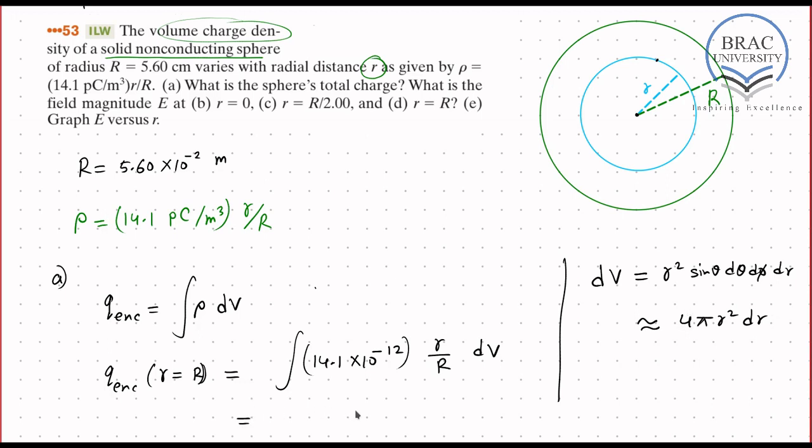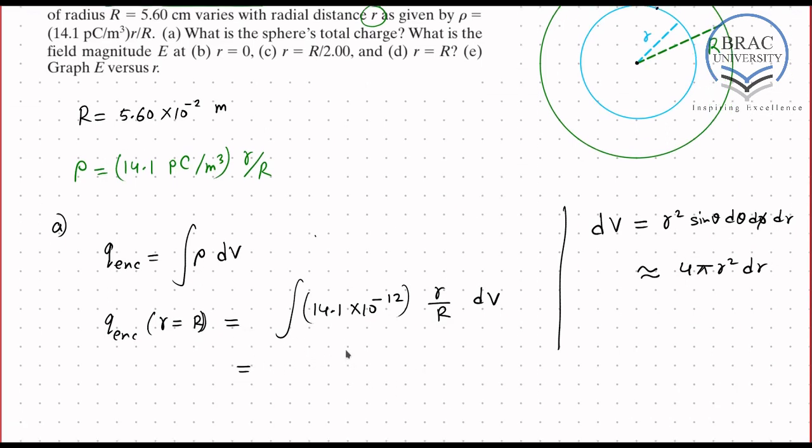So if we use that here, 4 pi is a constant. We have 14.1 times 10 to the power minus 12, 4 pi, and big R, which is a constant because the radius of the actual sphere is not a variable. So r dV becomes r squared dr, and the limit of this integration is r equals 0 to r equals big R, because we're considering the whole sphere.